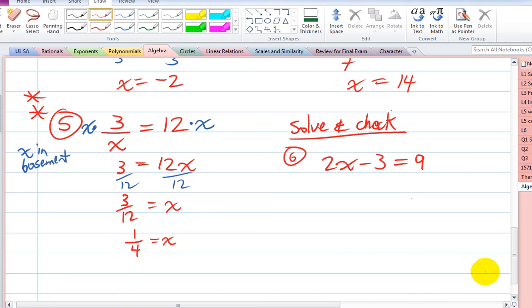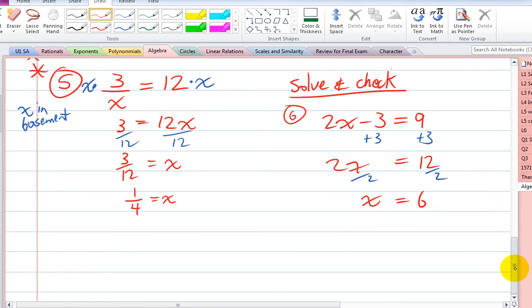Hands up if you got that. Oh, okay. What'd you do, Sydney? Good. Awesome. Add 3, so 2x equals what? 12. Good. X equals 6. Awesome.